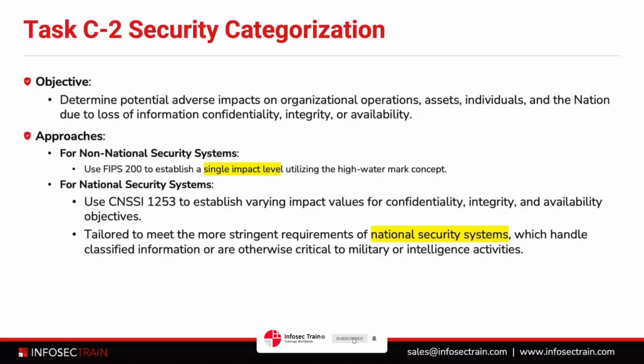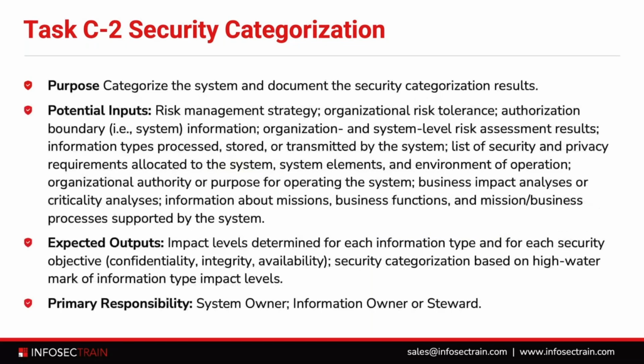The objective is to determine the potential adverse impacts with respect to the operations, assets, individuals, data loss to an information's confidentiality, integrity, availability. Once we have the system categorized, we get the understanding of the potential impacts on CIA.